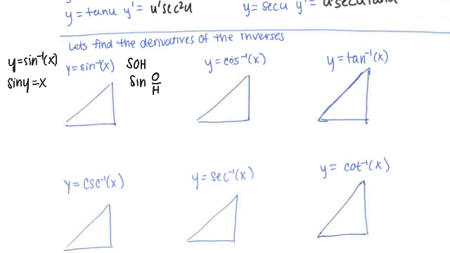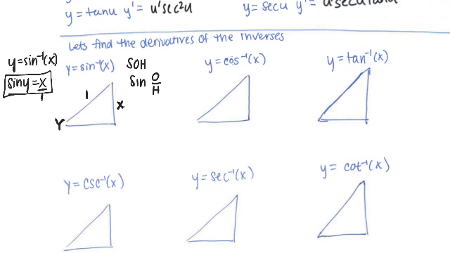So let's label our triangle. I'm going to label this angle y, and the sine of y is x over 1, so opposite over hypotenuse.